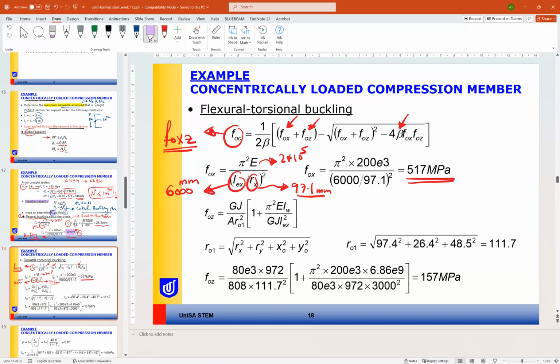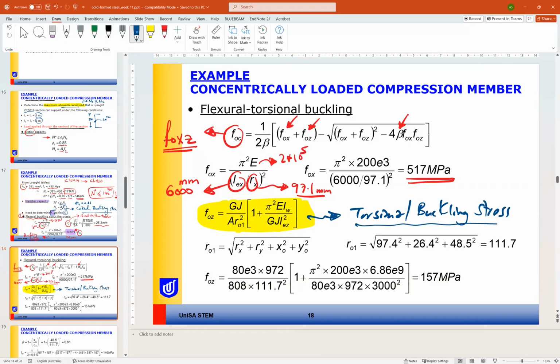FOZ, what is FOZ? FOZ is the torsional buckling stress. So the torsional buckling stress formula is GJ divided by A gross RO1 squared, times 1 plus pi squared EIW divided by GJ LEZ squared.